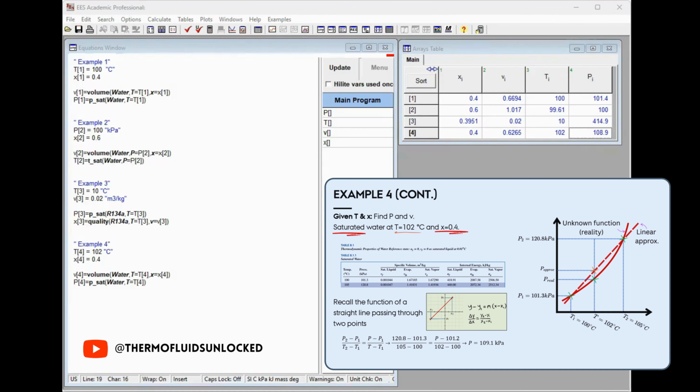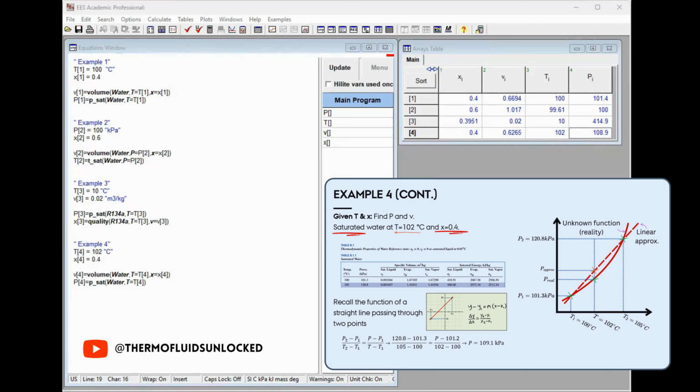It really works if you have just access to thermodynamic tables, and there's no other way that you can handle this. And as you know, we know the formula for a straight line passing through 2 points, and we know that the slope is fixed, and based on that we can calculate the pressure corresponding to point 102.